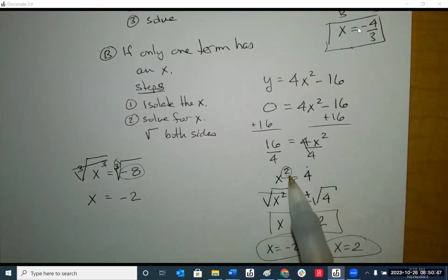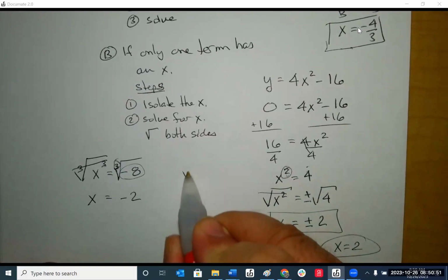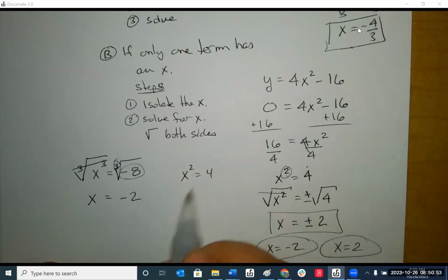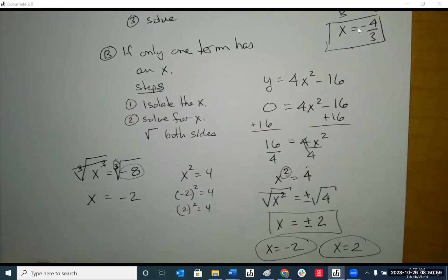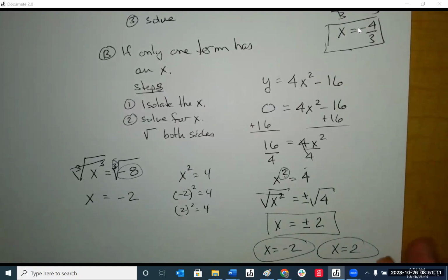But if it's even, then if x squared equals 4, I could put negative 2 in there, and I could put positive 2 in there. That's why it's plus or minus 2. Okay, so that's if you have a binomial.